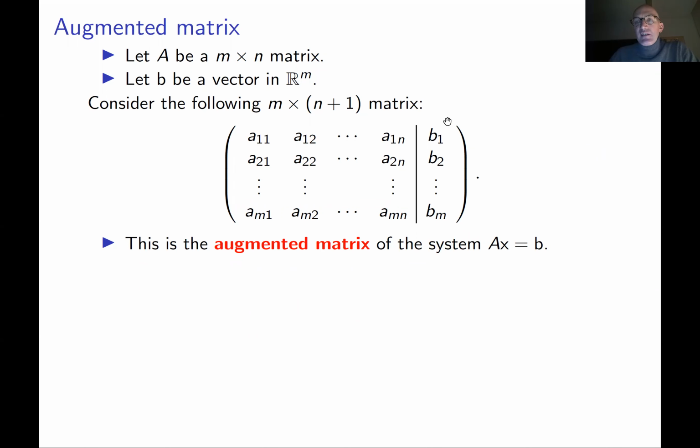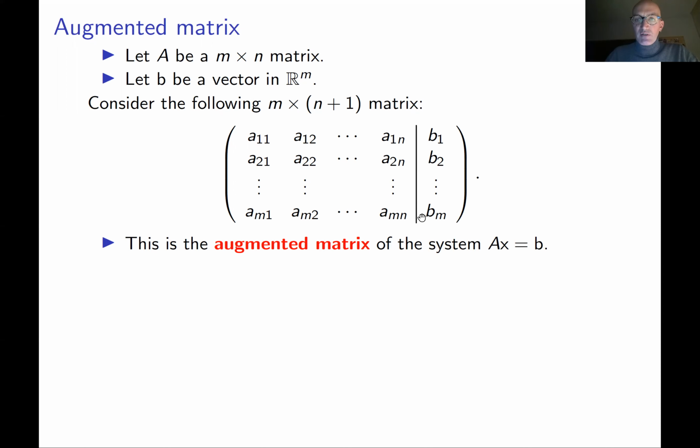But then you take these numbers B1, B2, Bm, the numbers on the right-hand side of your system of equations, and you put them as an extra additional column. To remind you that this is not part of the matrix A, but the terms on the right-hand side of your equation, you put a vertical bar here. So this is a matrix which encodes your whole system of equations, but the key player here is the matrix A, of course.